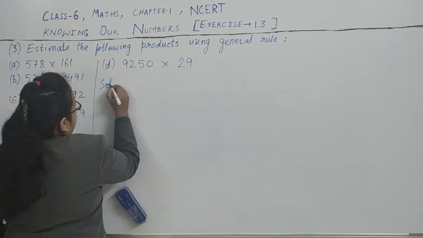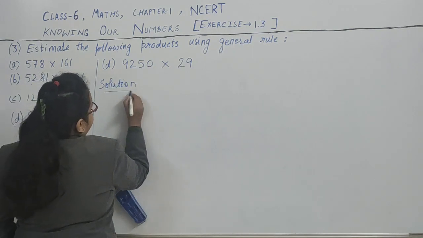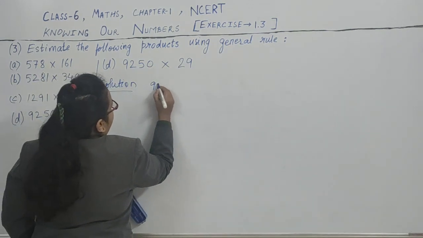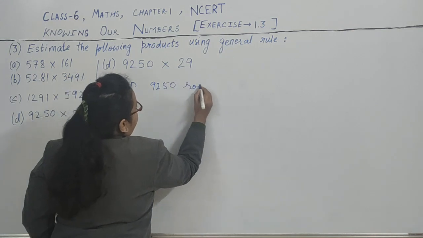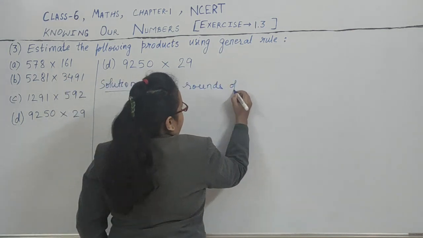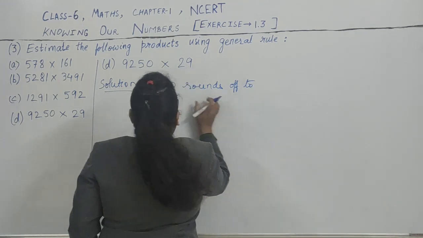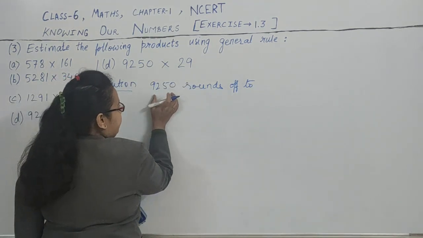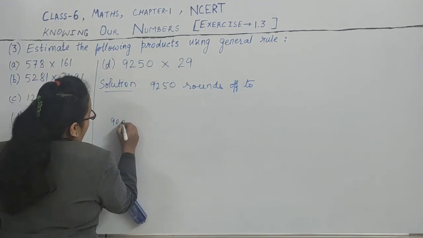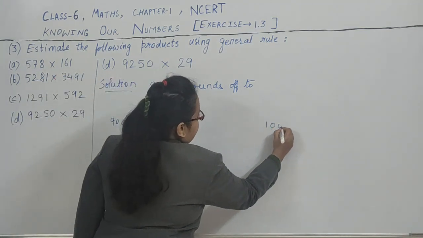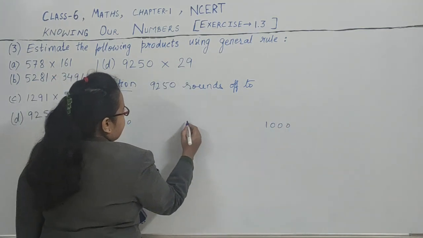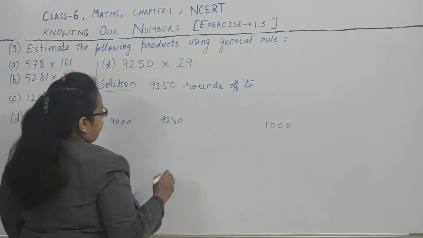So let us start the solution. 9250 rounds off to what? What are the nearest thousands for this number? The nearest thousands are 9,000 and 10,000. This number lies between 9,000 and 10,000.